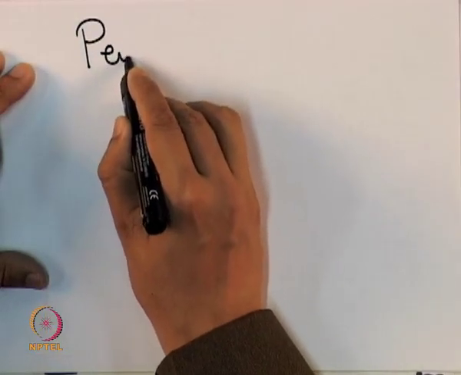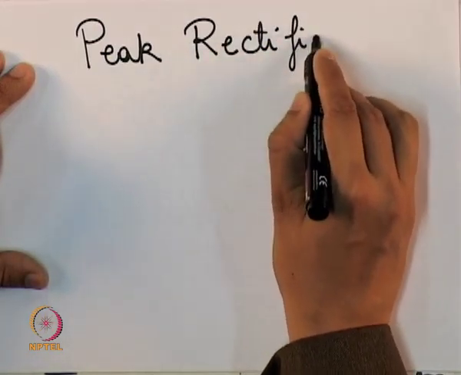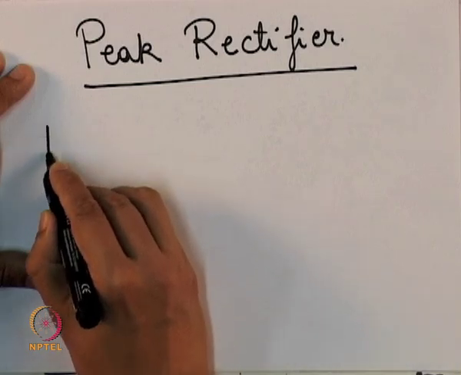So, we have already seen rectifier circuits in the last module. These circuits are similar, but they just produce an output that follows the peak of the input voltage. So, let us see what are these. Consider this circuit.